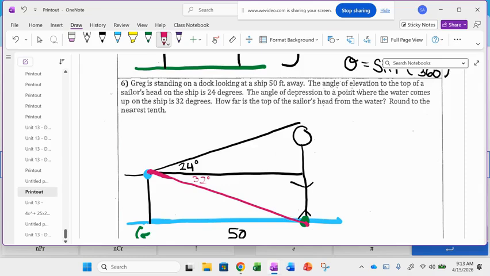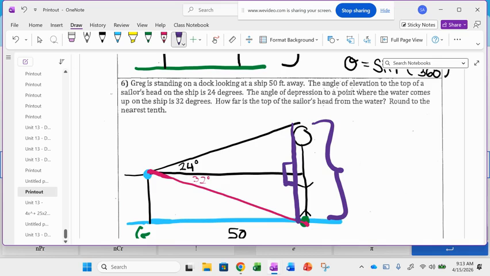So now, how far is the top of the sailor's head from the water? Do we agree that ultimately I need to find this total height? Where do you think my right angles are? If I close this up right here like that, these are my right angles. So how many right triangles do I have here?